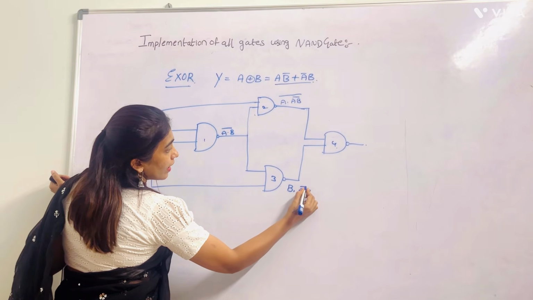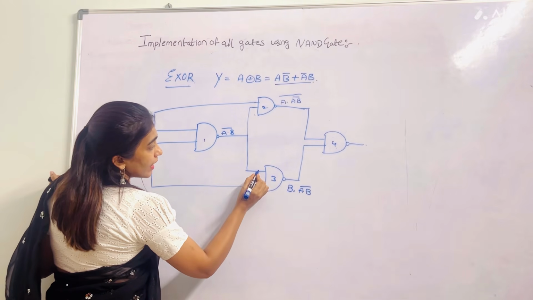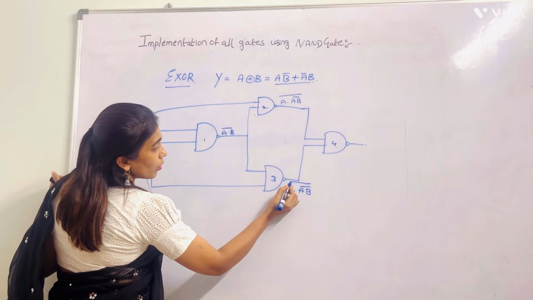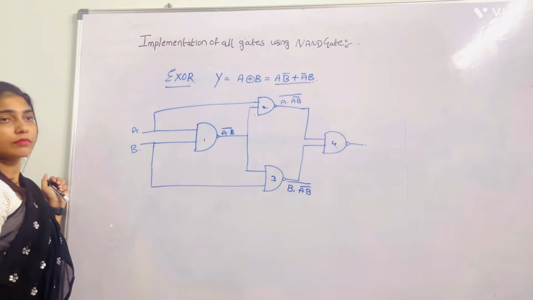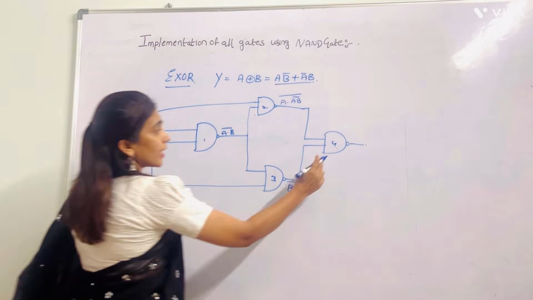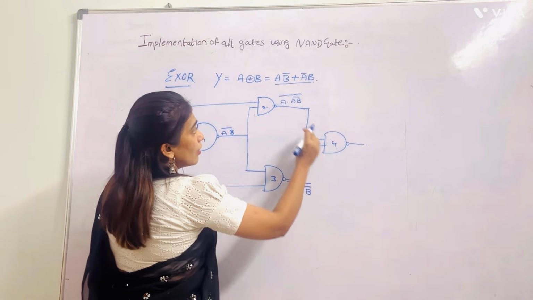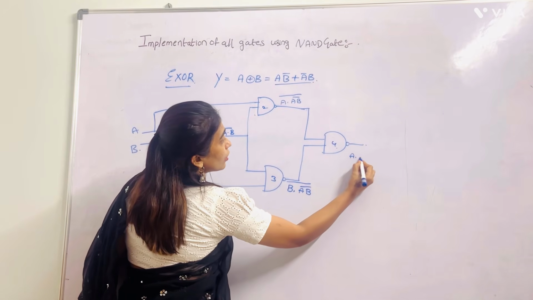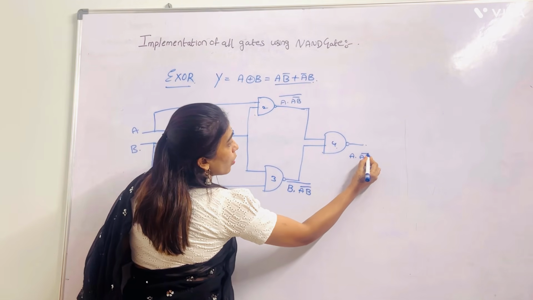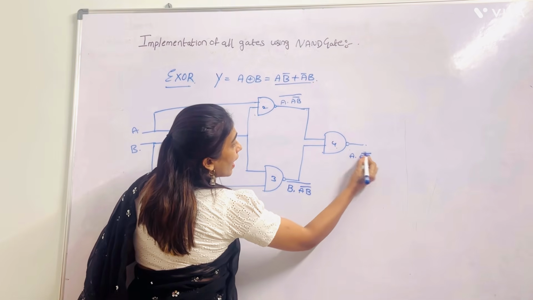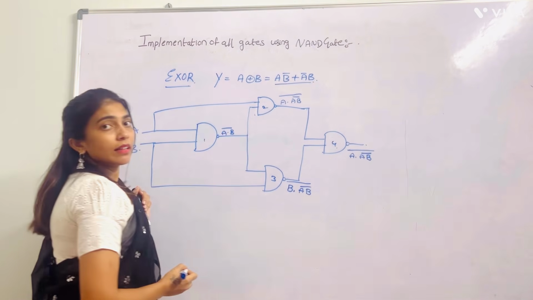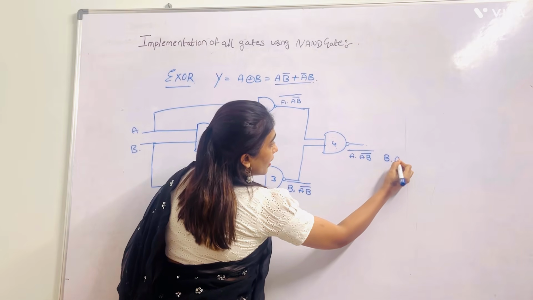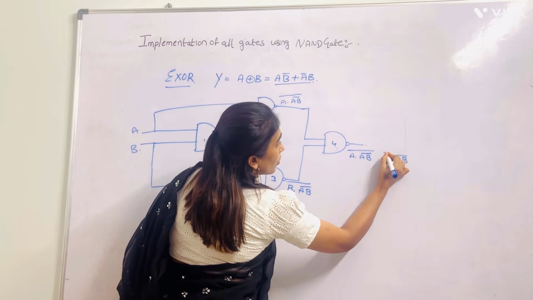NAND gate means two inputs are multiplied and the whole complement is taken, right? And the fourth gate inputs are, first input is A into AB bar whole bar, and second input is B into AB bar whole bar.